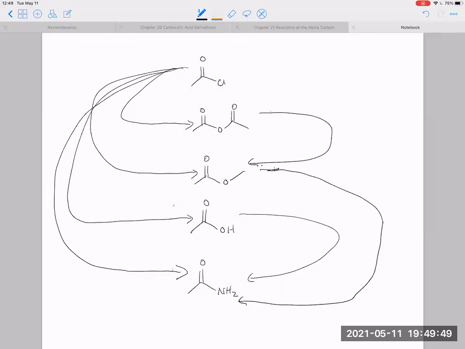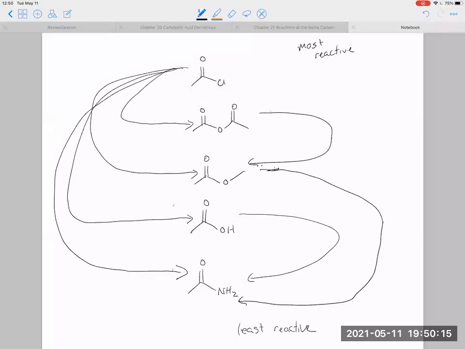All right, so for the most part, remember that the way these are stacked is from most reactive to least reactive. You can also think of reactive as stability, right? So the most unstable, i.e. the one that's going to want to react the most, is the acyl chloride.